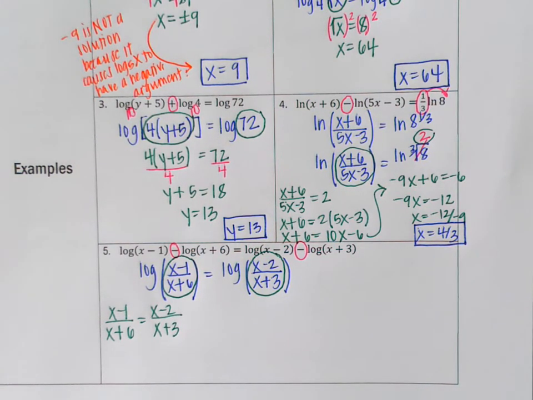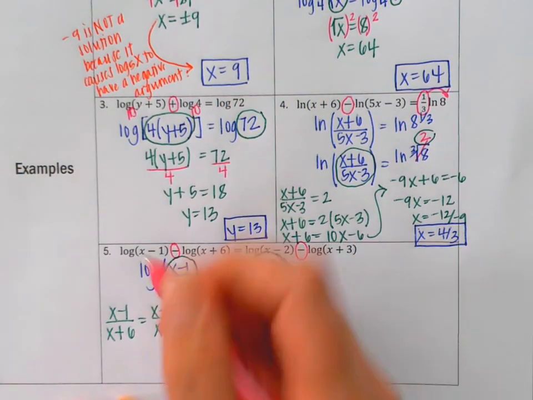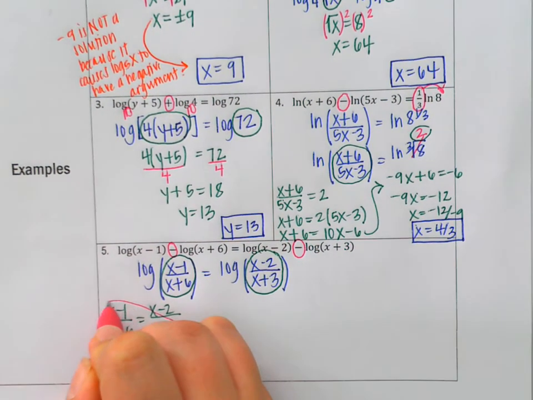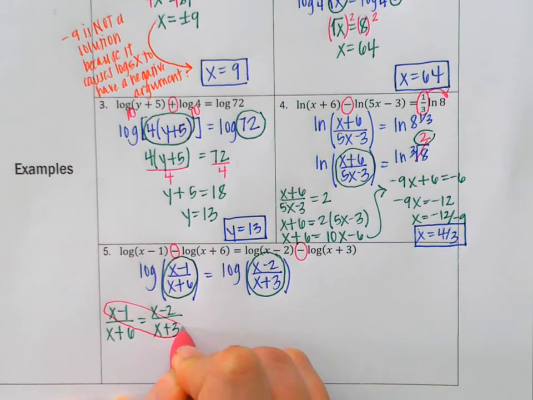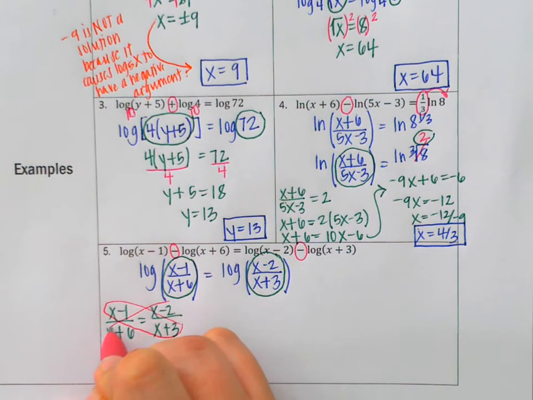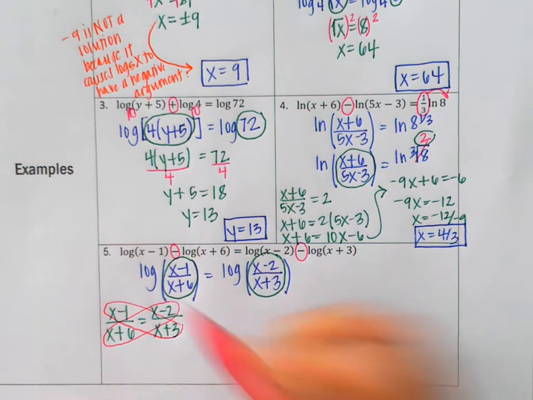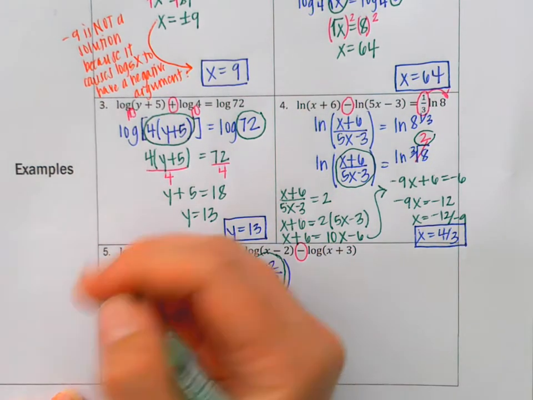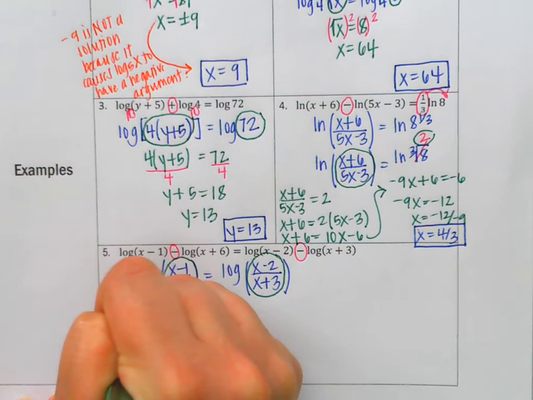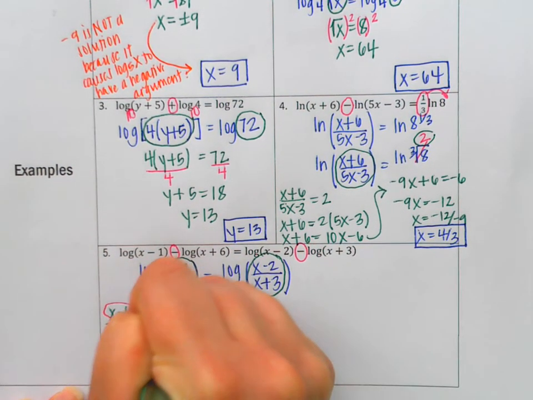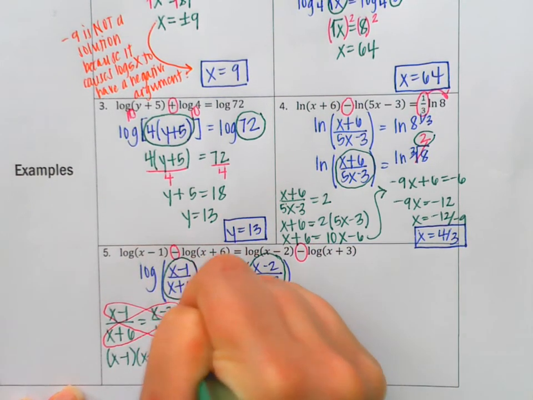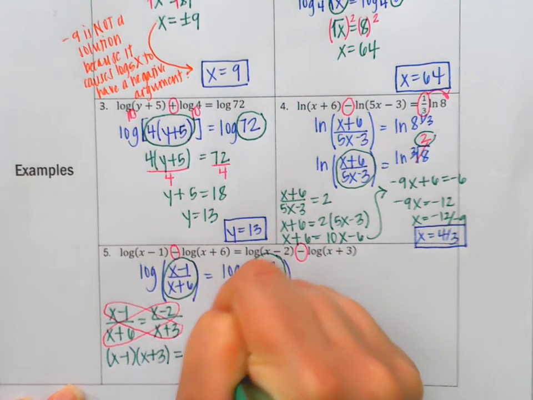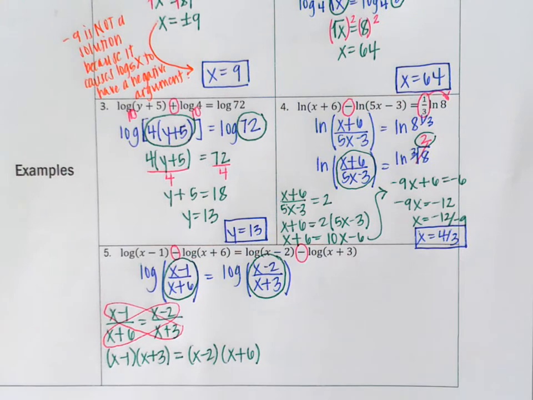And if you're thinking cross multiply, you would be correct. So we're going to cross multiply x minus 1 and x plus 3, and we're going to cross multiply x minus 2 and x plus 6. So x minus 1 times x plus 3 equals x minus 2 times x plus 6.